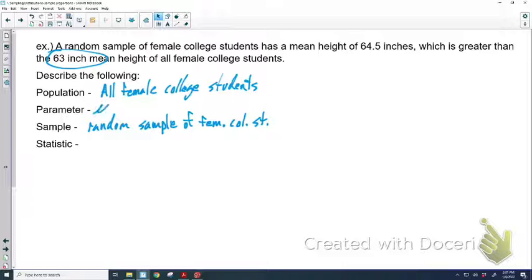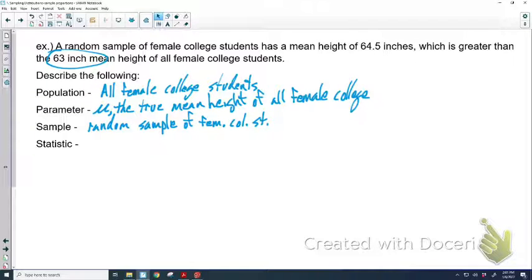So mu, the true mean height of all female college students is 63 inches.